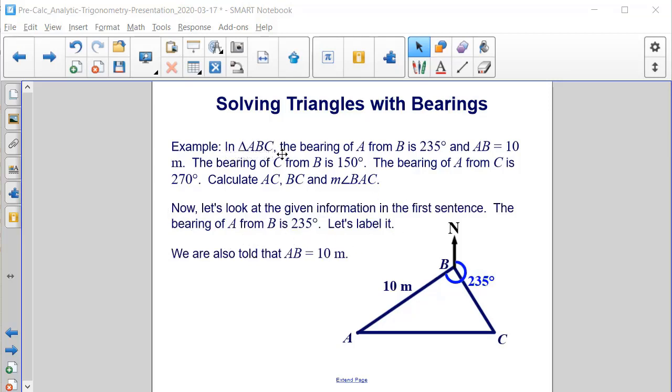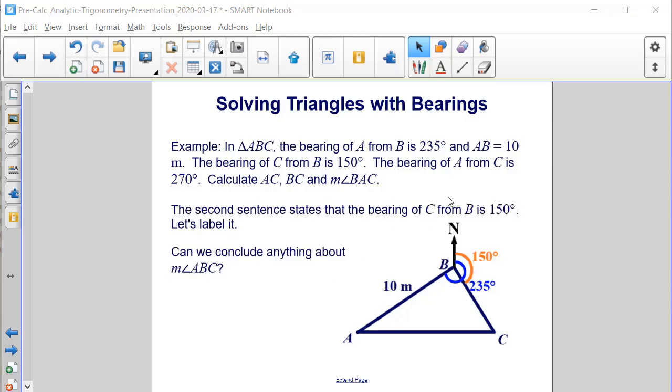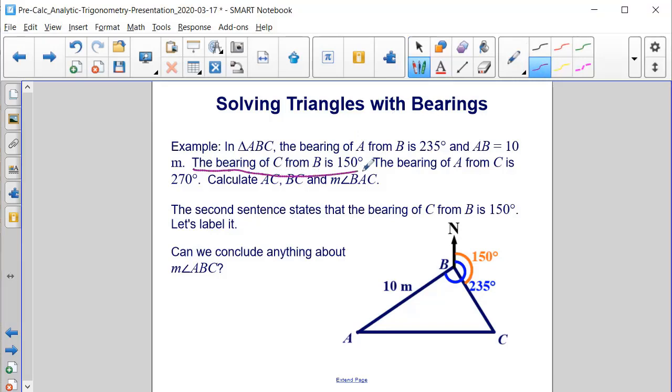In triangle ABC, the bearing of A from B is 235 degrees and AB is 10 meters. So we were given that information, so we drew it in and labeled them. Now let's look at the second sentence. The bearing of C from B is 150 degrees.